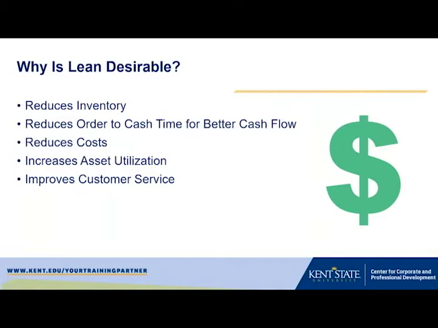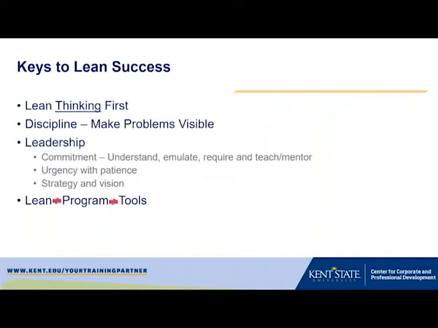And now that we've kind of seen what lean is and why we'd want to do it, the next question is, well, how do we start going about doing that? And this, the keys to lean success, there's been a lot of things written on this topic. Initially, the Japanese companies that in the modern world were the first to be recognized as doing this well.